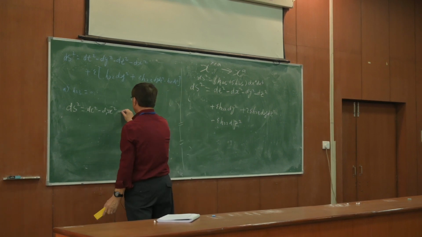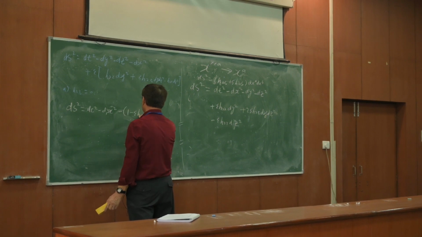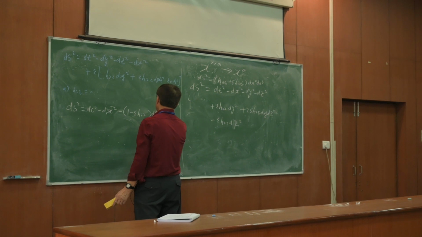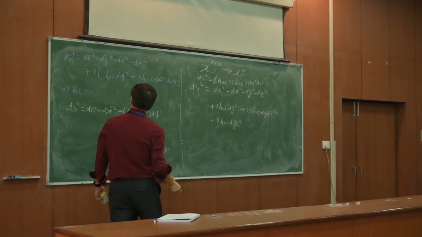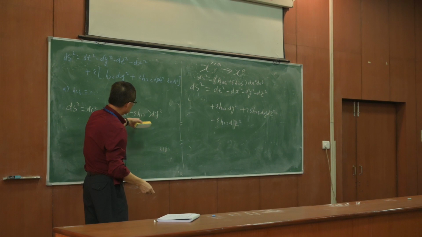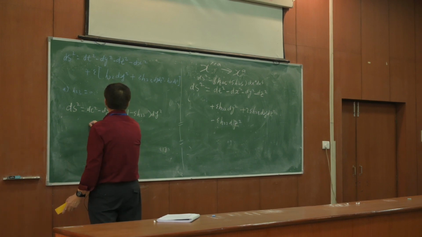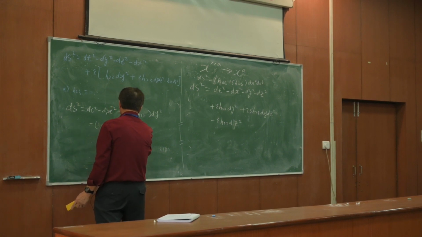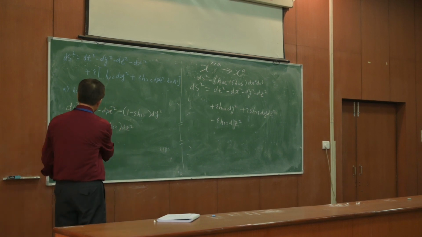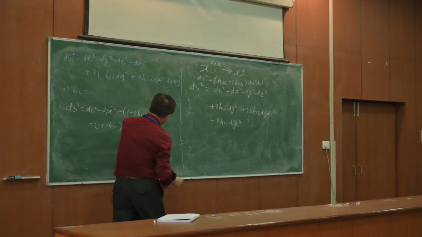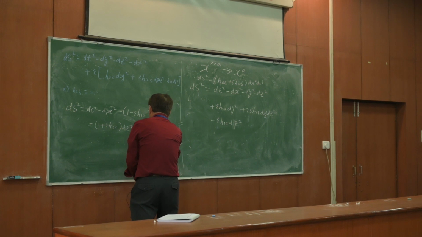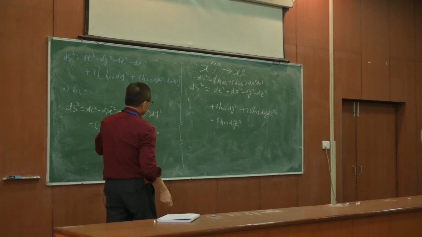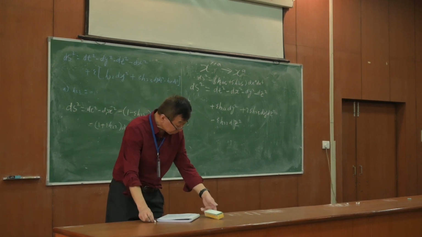You see, minus 1 minus epsilon h_22 dy squared, right? It's minus. Minus 1 plus epsilon h_22 dz squared, right? So this is actually my metric for when h_23 equals 0. Okay?